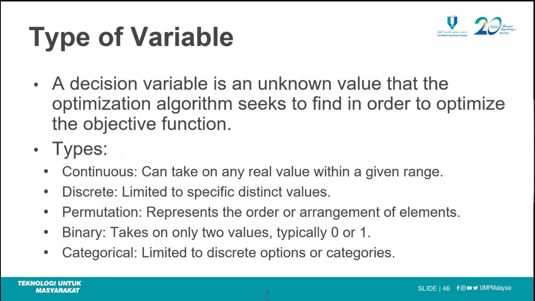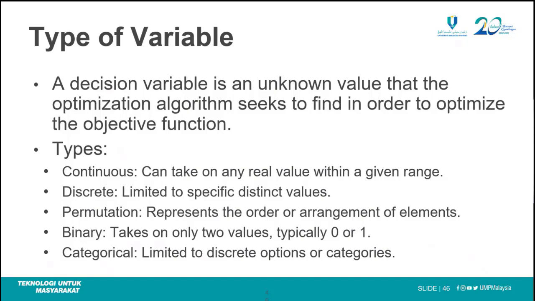That is the continuous variable. The second one is discrete, limited to specific distinct values. Then we also have the permutation type, representing the order or arrangement of elements. The binary variable only takes two values, normally 0 or 1. And the categorical variable is limited to discrete options or categories.